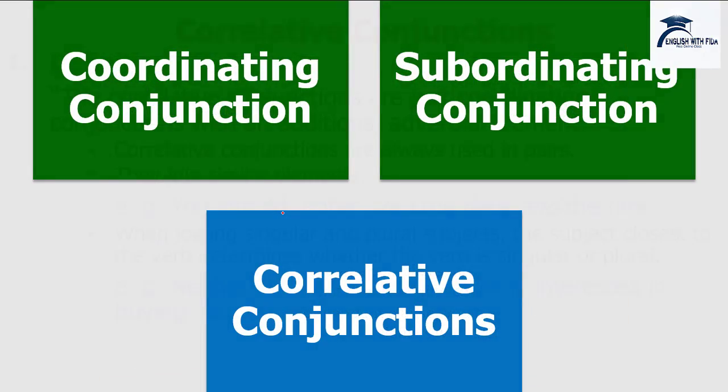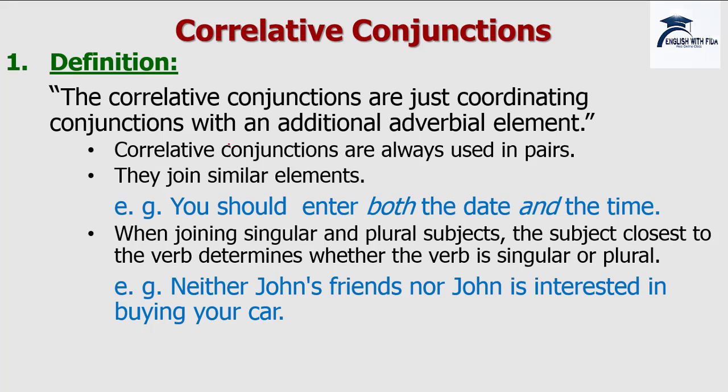Then come correlative conjunctions. Correlative, as the prefix co stands for, means two words work in collaboration, in combination. So correlative conjunctions usually have two parts. They are just coordinating conjunctions with an additional adverbial element. Correlative conjunctions are always used in pairs. They join similar elements.